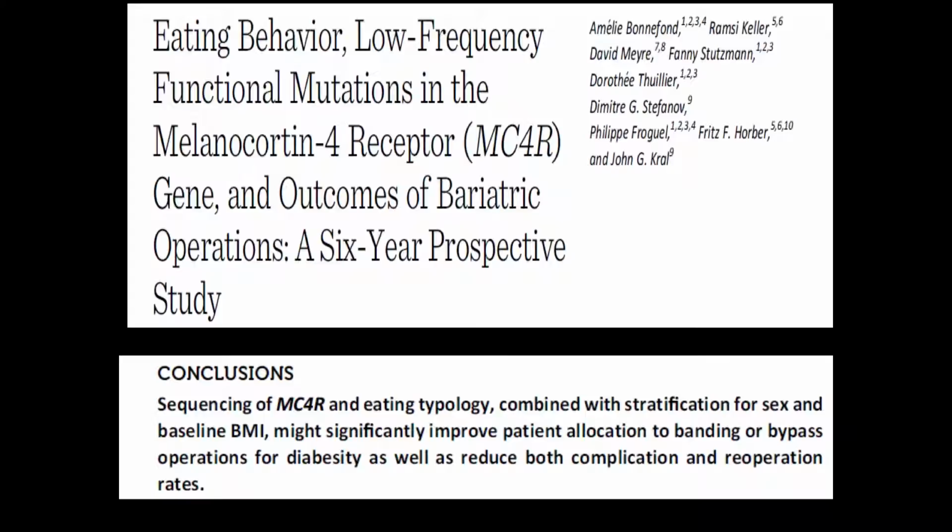The first and easy outcome is to guess what kind of surgery you have to do: bypass, banding or sleeve. It's clear that banding, for instance, doesn't work in this kind of patient. So knowing this mutation can be useful for bariatric surgery.